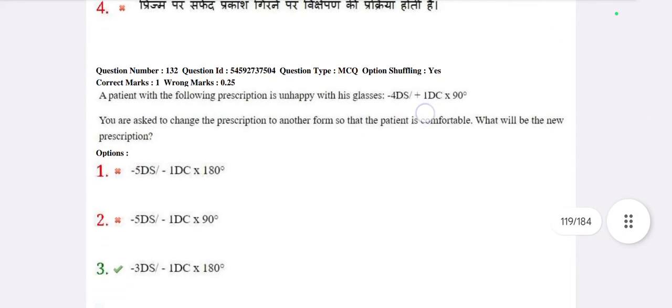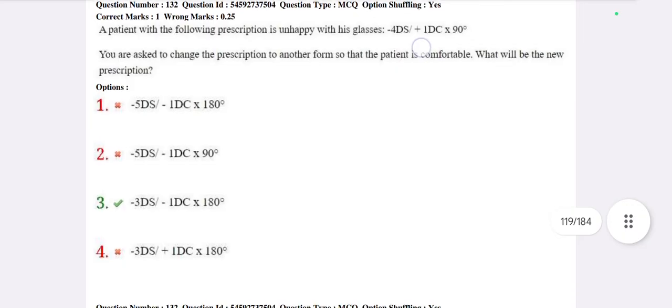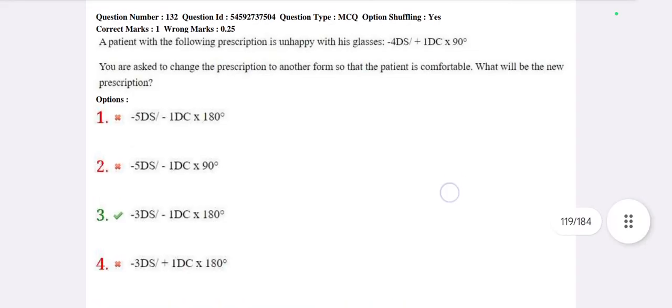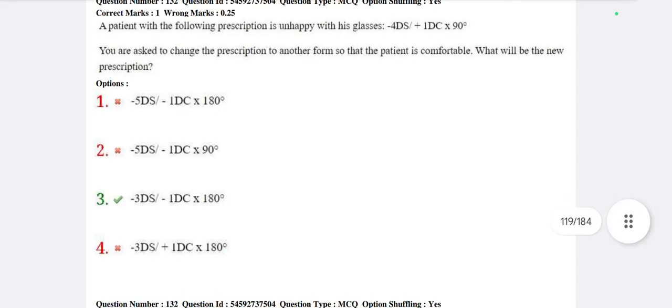Next question is, a patient with the following prescription is unhappy with his lens: -4 DS plus 1 DC into 90 degree.